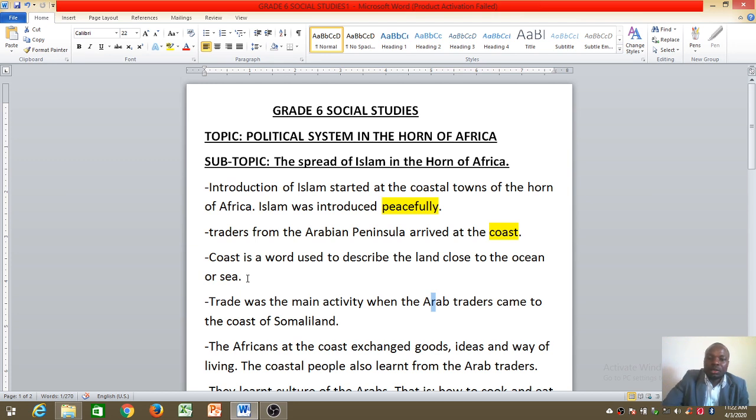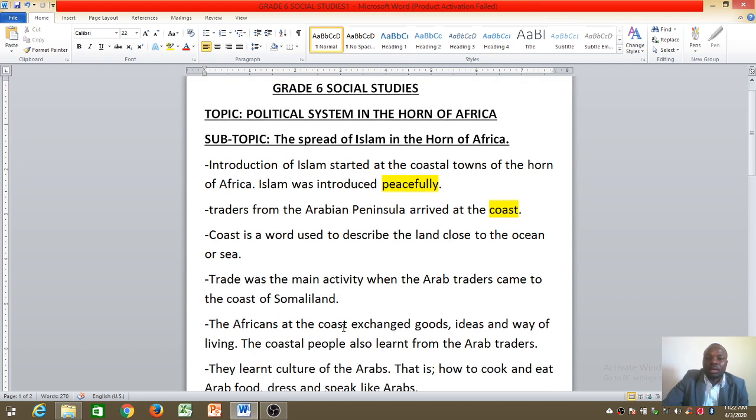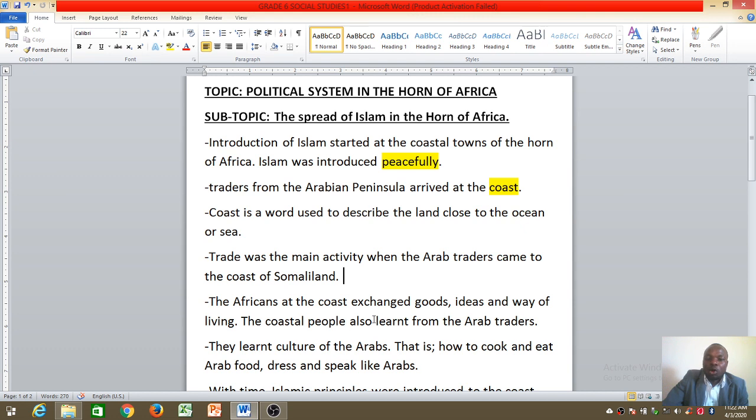So trade was the main activity when the Arab traders came to the coast of Somaliland. Africans at the coast exchanged goods. They also exchanged ideas and way of living: the culture, the language, and the food.